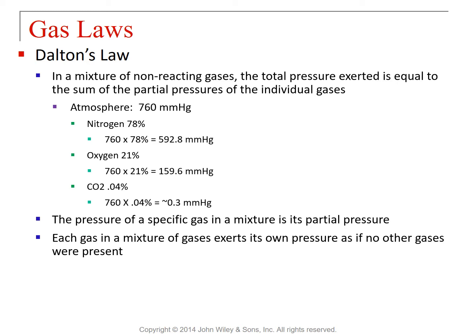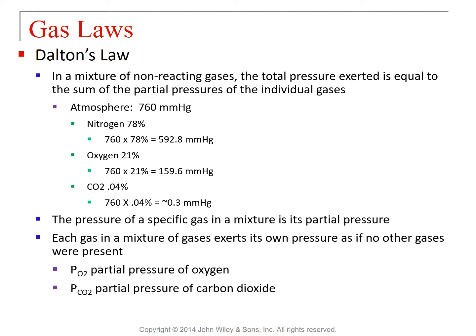So if you have 159.6 or 160 millibars of oxygen partial pressure, and you have a different gas mixture that is also 760, but let's say that the partial pressure of oxygen in gas mixture number 2 is 50 millibars, then you're going to see oxygen flow from our atmosphere to that other gas mixture. PO2 means partial pressure of oxygen. PCO2 means partial pressure of carbon dioxide.